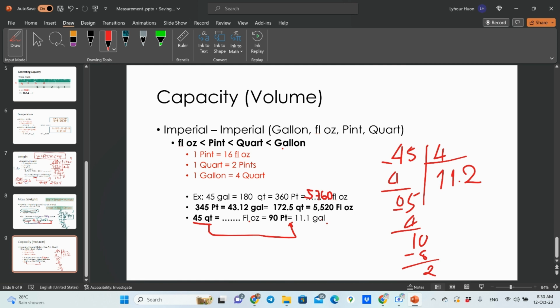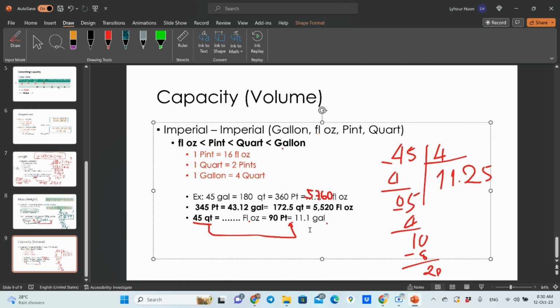But normally we do two digits after the decimal. So we have another 0, so 5. So it should be 11.25. Oof, so it's almost correct too.